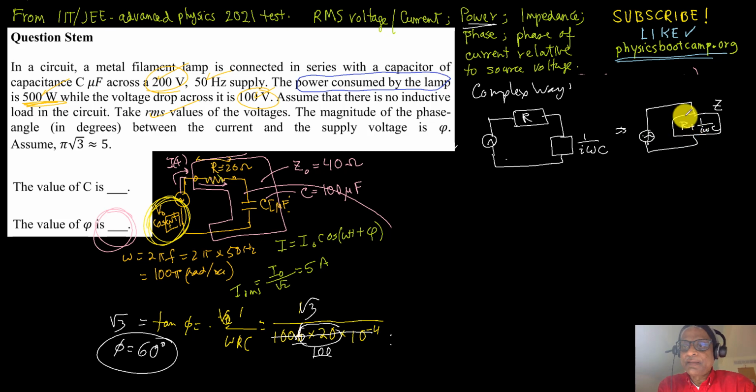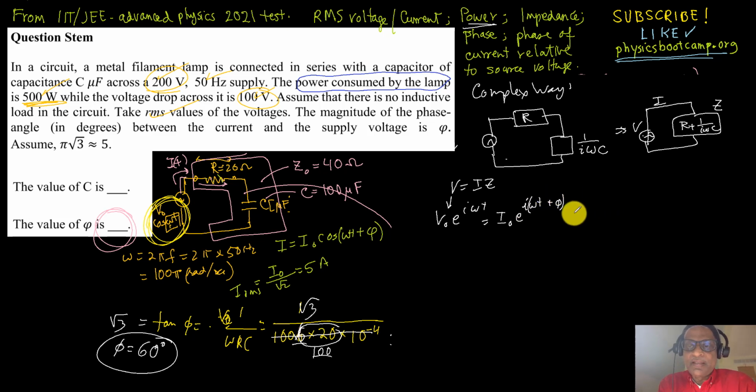So whatever the current is, V equals I Z. And for V you write V0 e to the power i omega t, and this I here is I0 e to the power i omega t plus phi.